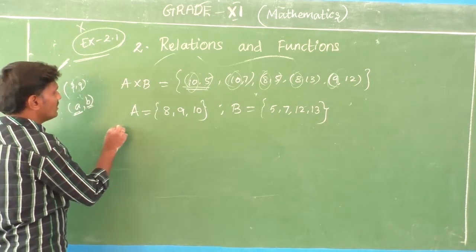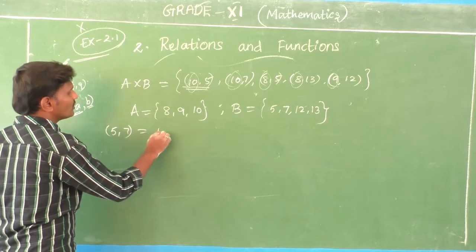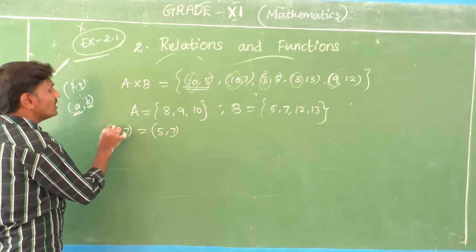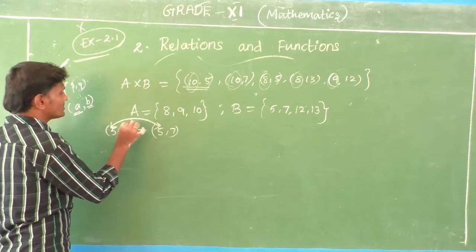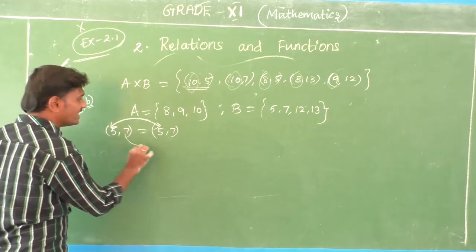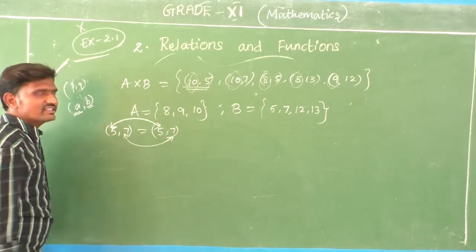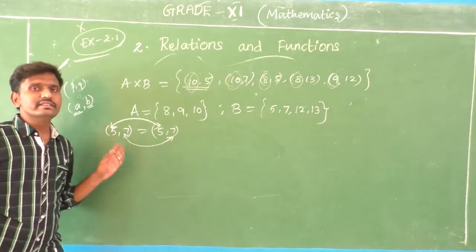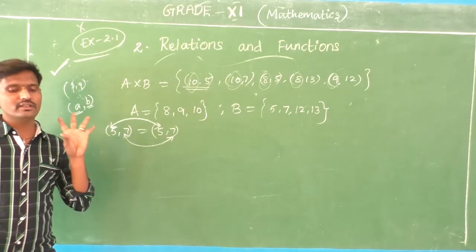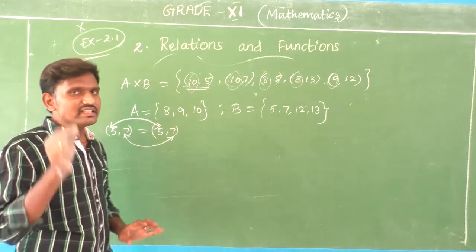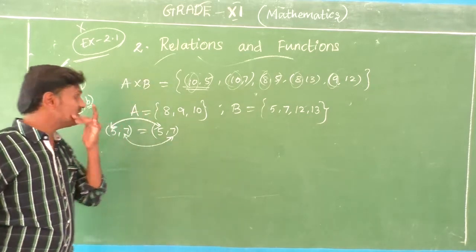For example, (5, 7) is equal to (5, 7). The first element equals the first element and the second element equals the second element, so these two ordered pairs are equal. The example 1 is based on this.